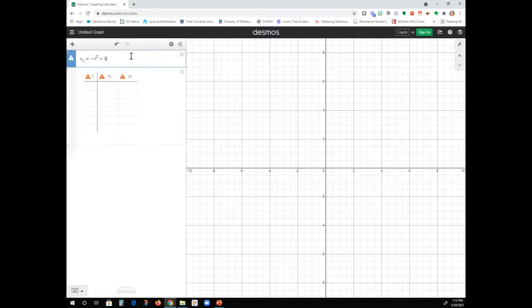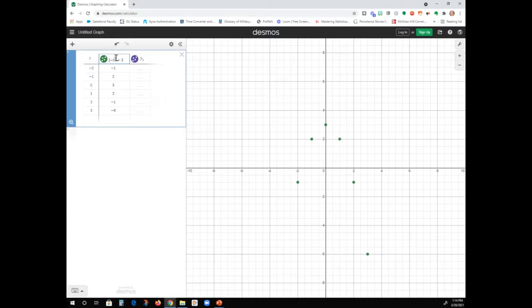I've done this before, I'm just trying to remember how I did it. Equations are not allowed. Okay, so if I get rid of that, there we go. I don't put in my labels, I just put in what it's equal to, and then that will fill in your table for you.